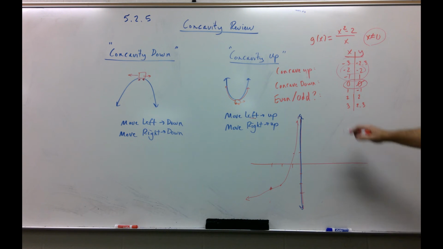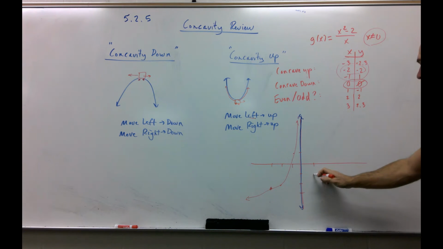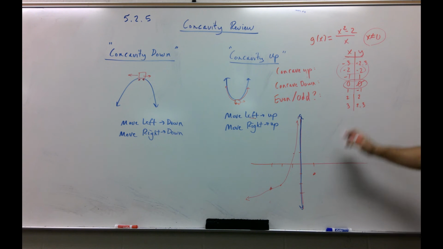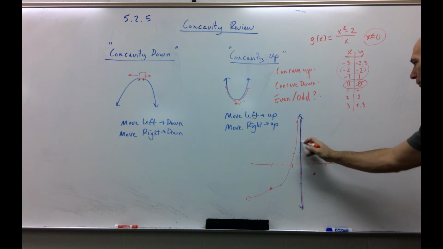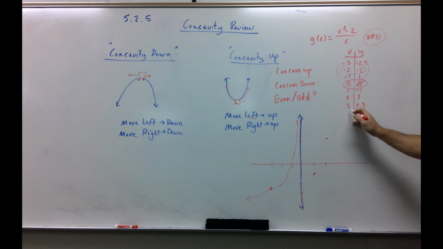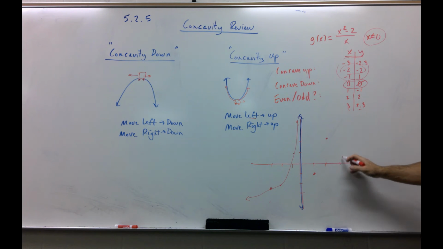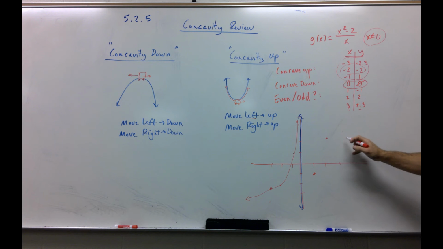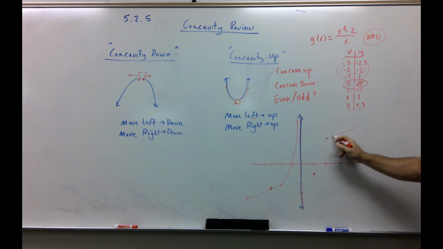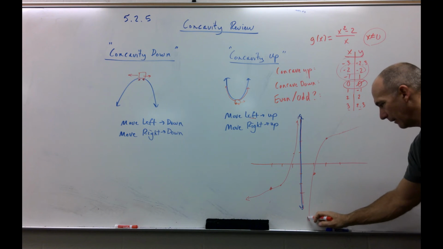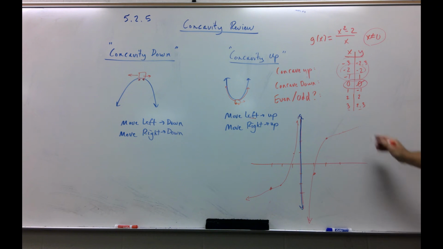So now let's go on to the positive. 1, negative 1, 2, 2, 3, 2.3. So 3 would be 2.3, which would be right about here. And as you can see, this one's kind of going like this and like that.